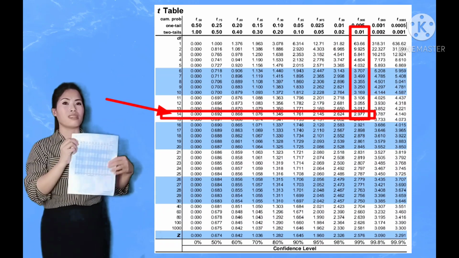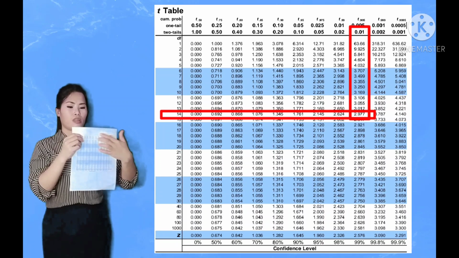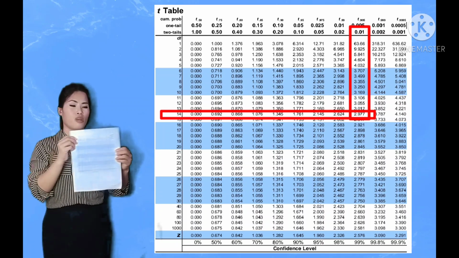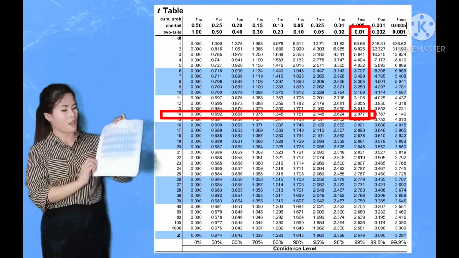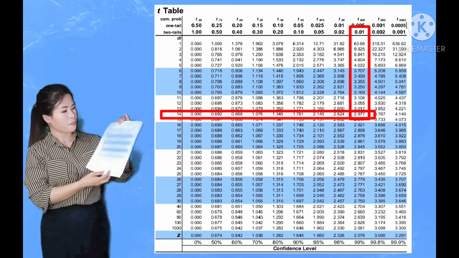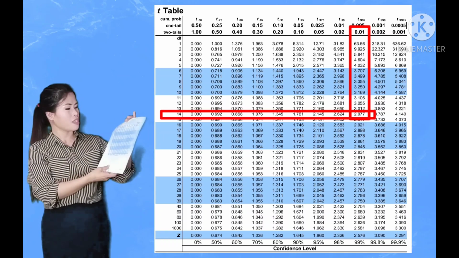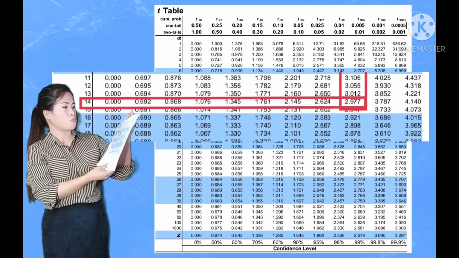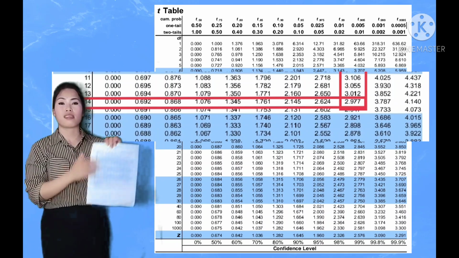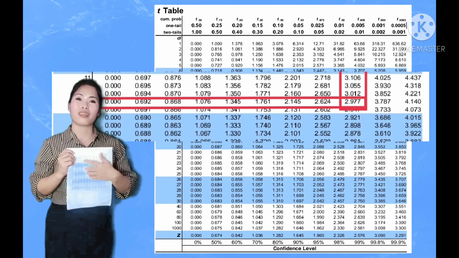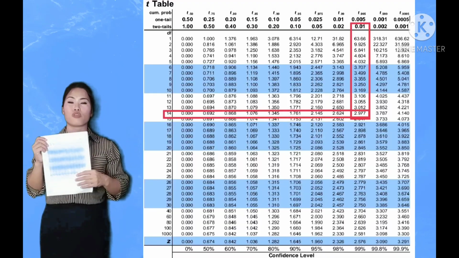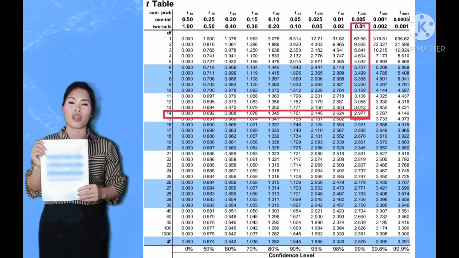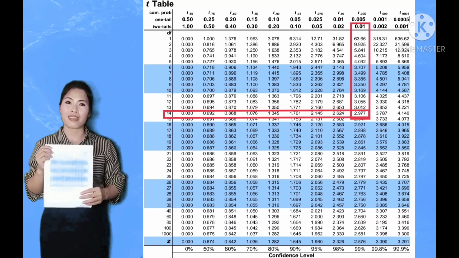So now let's compare. That is how we get the 2.977. So our critical value here is 2.977.